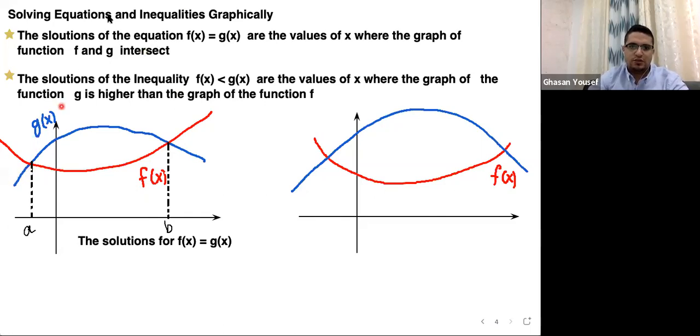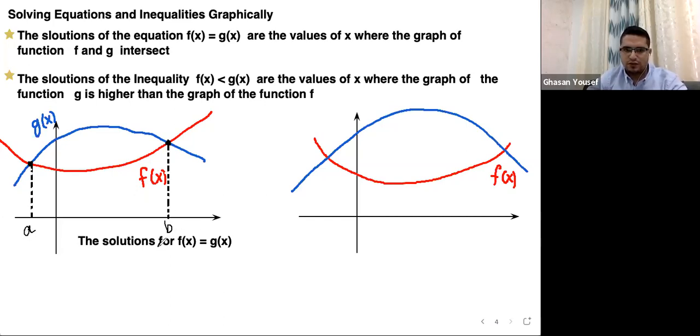So these are the solutions when f of x equals g of x: this point and this point. The solutions for the equation f of x equals g of x are the values of x where the graphs of f and g intersect. So the first value of x is a, and the second value is b.